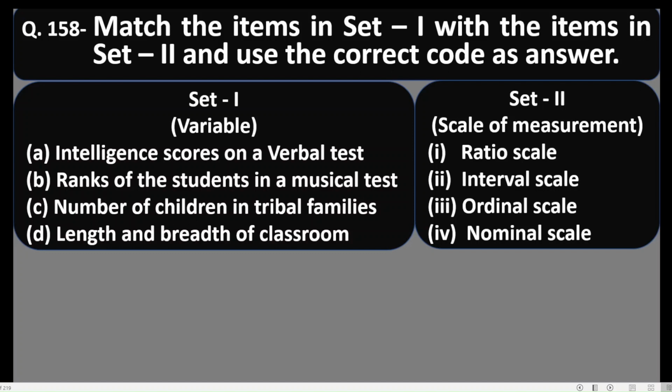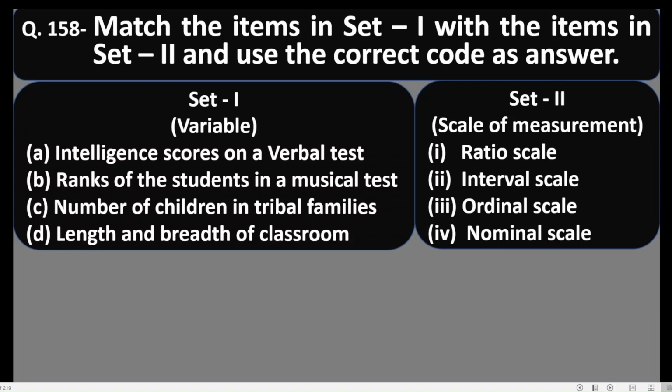Let us see the set 1. Intelligence scores on a verbal test. In one example earlier, I have said that test scores are generally measured in interval scale. So, intelligence scores on a verbal test, that is A in set 1, is related with the interval scale that is number 2 in set 2.